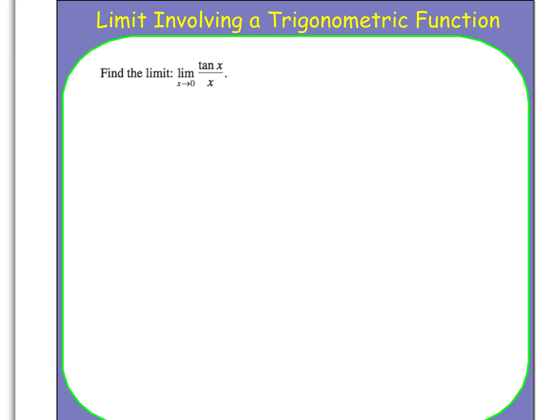Now I have the limit as x approaches 0 of tangent x over x. Again, what do I try to do first every single time? Substitute in. So I substitute in 0. What do I get in my numerator? 0. What do I get in my denominator? 0. Uh-oh, we got a hole. That means my limit doesn't, just kidding. We have to keep going.